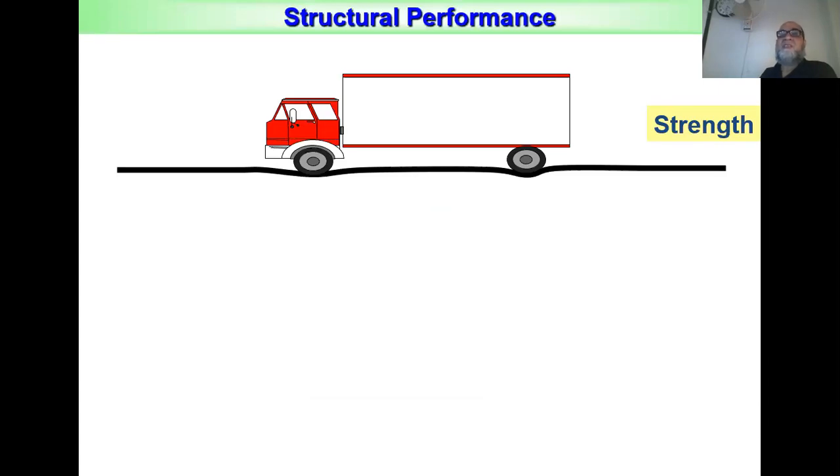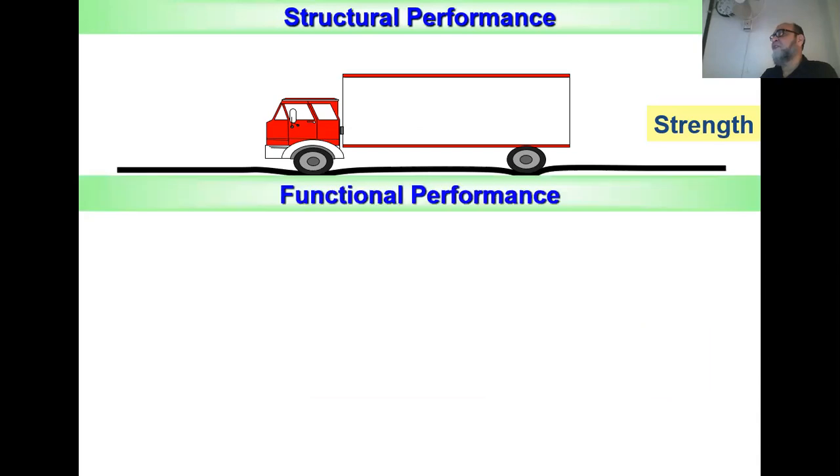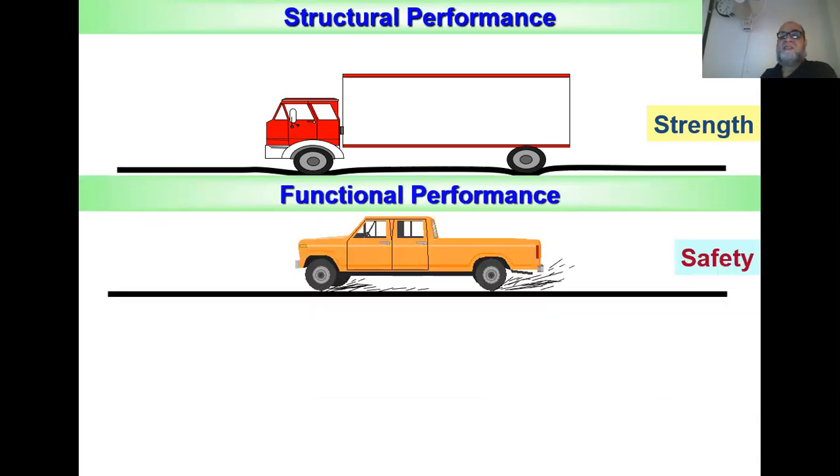It is because of the strength evaluated whenever there is a truck passing over it. Functional performance is the skidding, the tire contact and the brake applied, especially by a car or pickup truck.